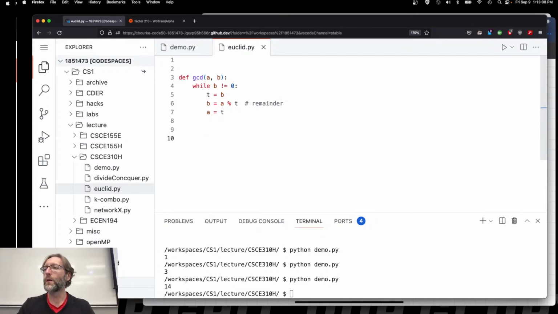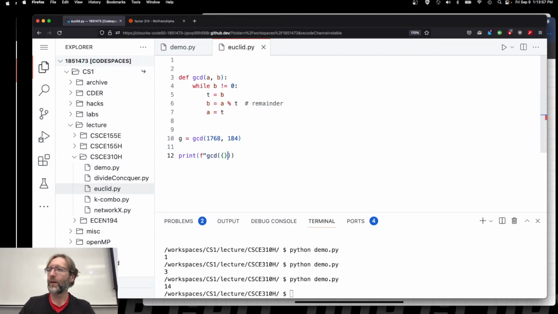Let's try it out. GCD of, what were our numbers again? 1768 and 184. Print, and let's format that. GCD of A and B. I guess I should have done A is equal to 1768 and B is equal to 184.